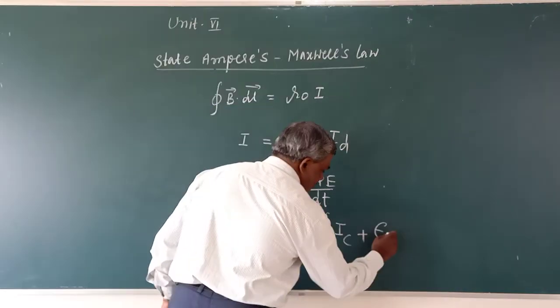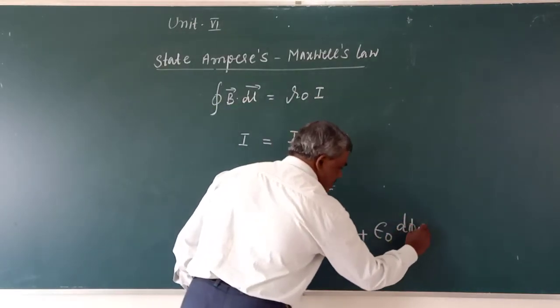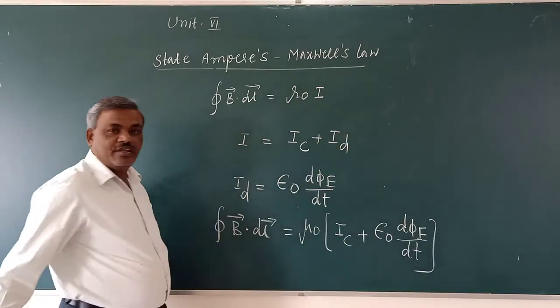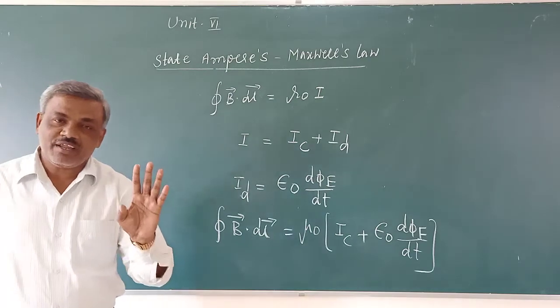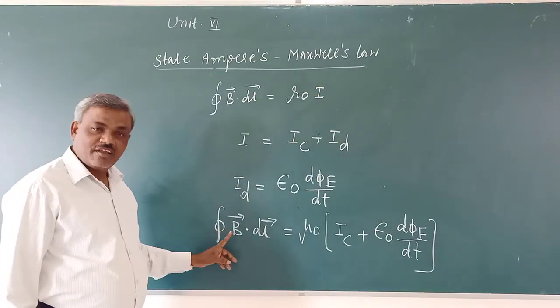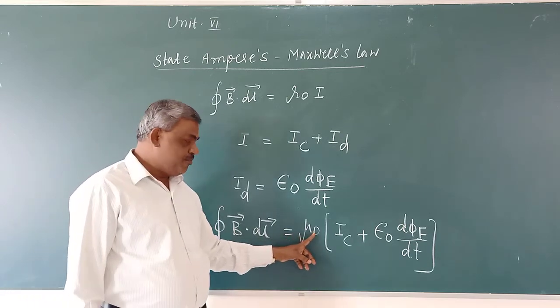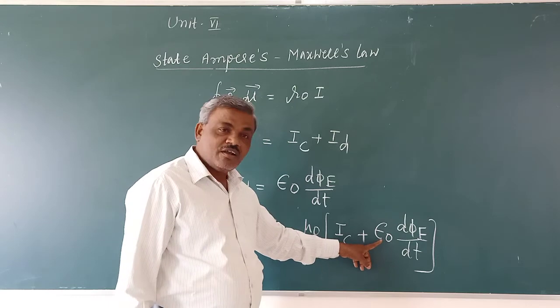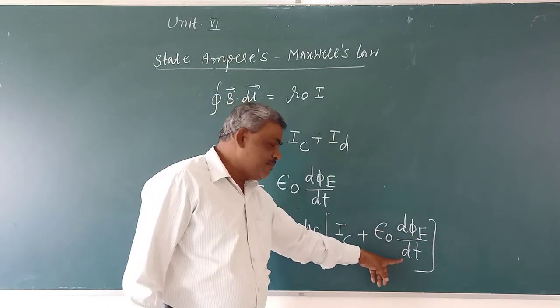Epsilon naught dΦE by dt. Write the mathematical expression for Ampere's Maxwell law. The line integral B dl equals mu naught into IC plus displacement current, which is epsilon naught dΦE by dt.